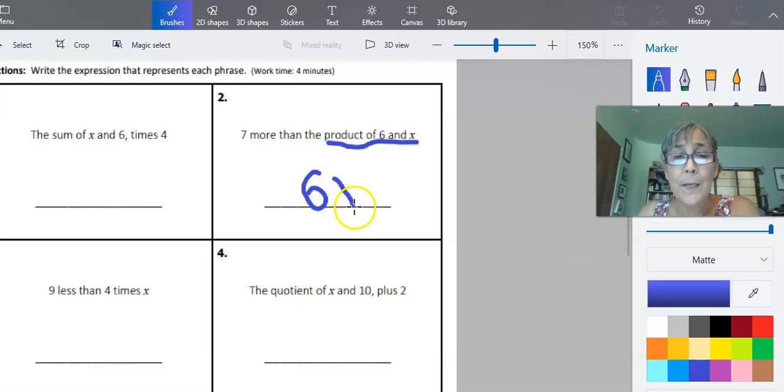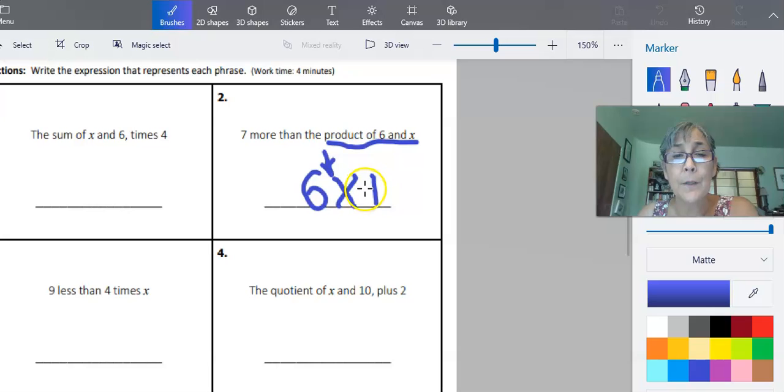You don't have to put a times sign between a number and a variable either. There's an invisible times sign in there, right in there, you can't see it, it's invisible. So that means 6 times x. All right? And then I want that to happen first, right? Because multiply comes before add. So I'm going to put 6x here and then 7 more then.